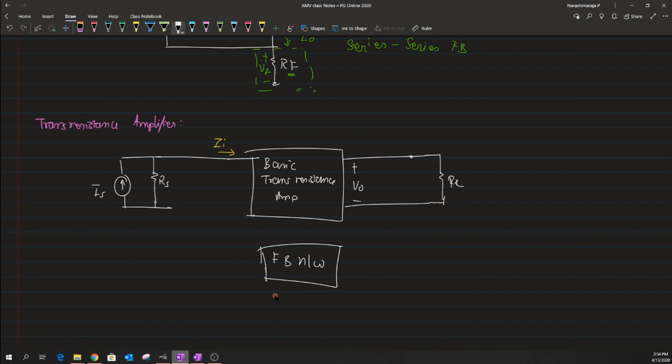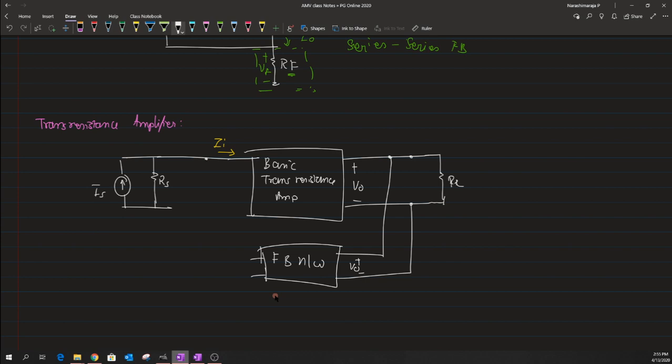Let me just sample them, so that we have this voltage appearing across the input of this amplifier. But what we mix is a current. We want an IF to be generated out of this feedback network, and this has to be mixed with this IS in order to create the Ii current.